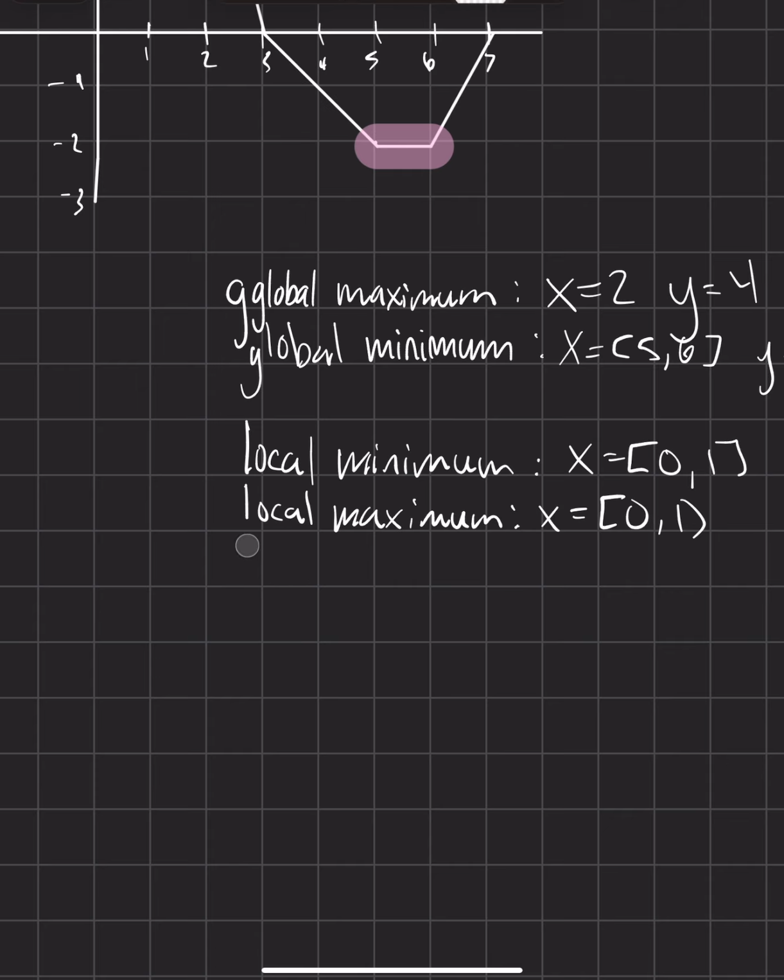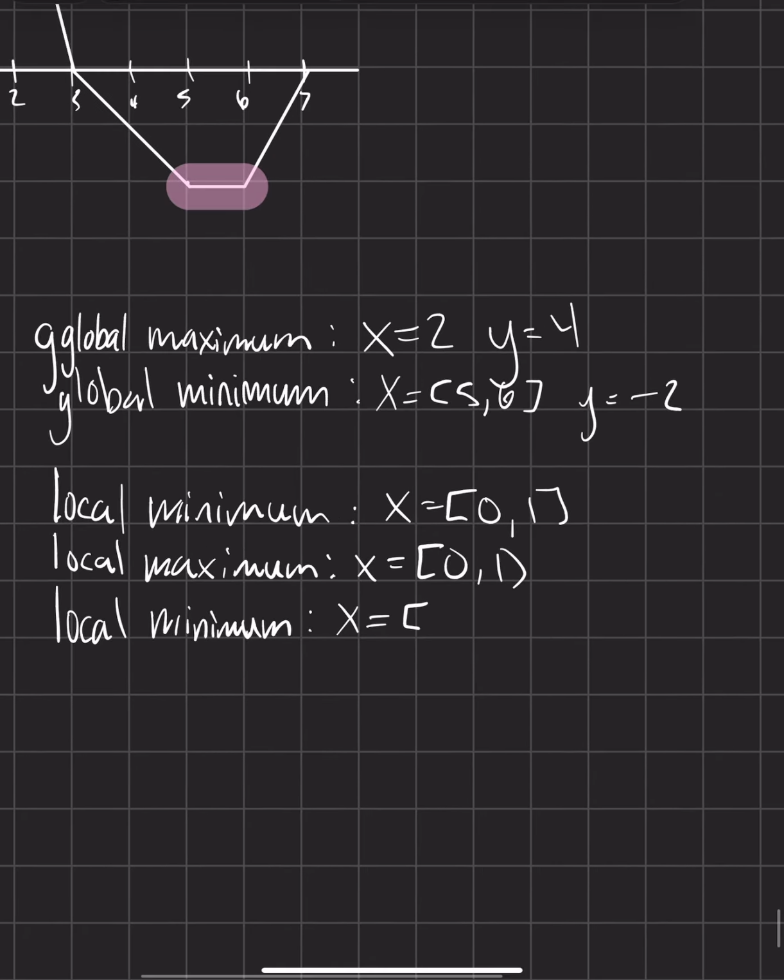Write this a little better. So we have a local minimum when x is equal to 5 to 6.